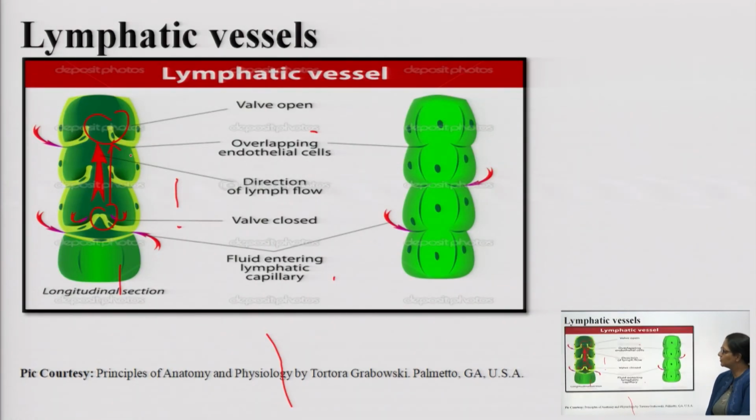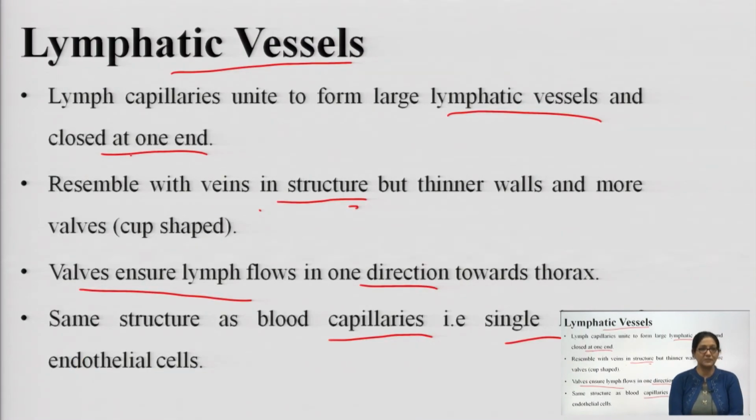This is the diagrammatic presentation of the lymphatic vessel having the valve and allowing the movement of fluid in one direction. Lymphatic vessels are unique one-way structures united by the lymphatic capillaries, having valves.